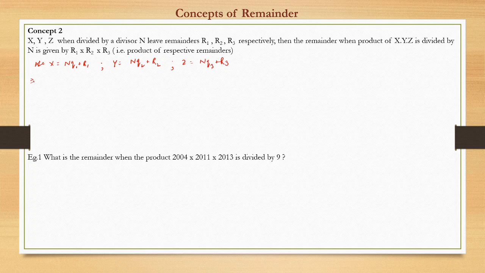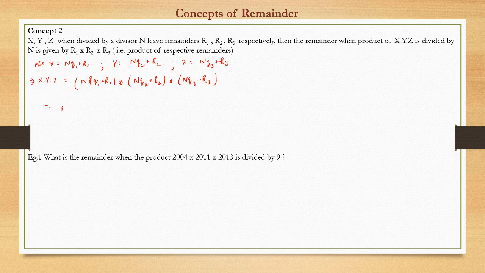Now x into y into z is nothing but (n q1 plus r1) into (n q2 plus r2) into (n q3 plus r3). This you can expand, so the expanded term I write.